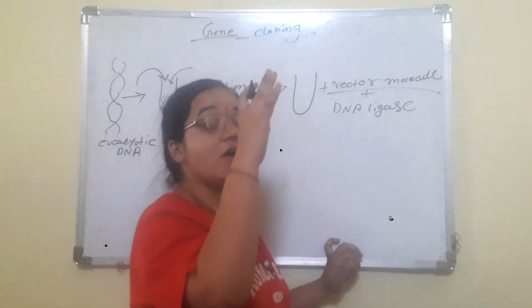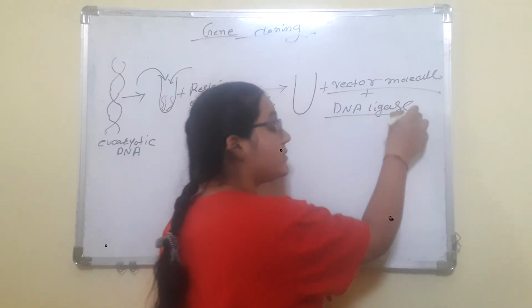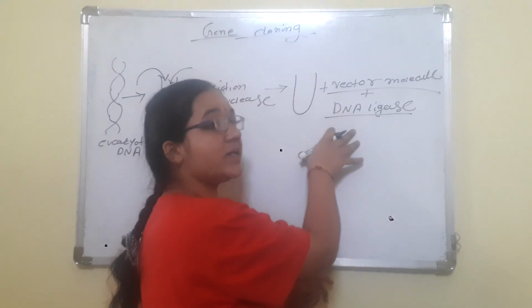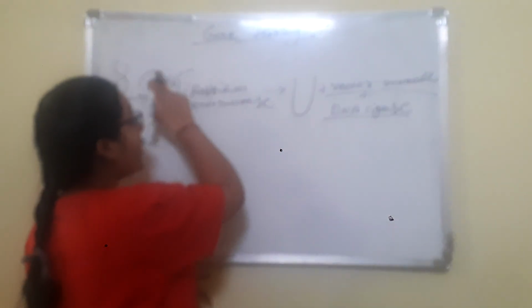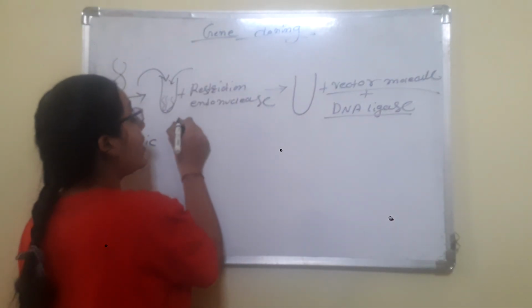Okay, and DNA ligase is responsible for joining the specific targeted sequence into the vector molecule, because in the first experimental tube we also treated our vector molecule with the restriction enzyme, so it provides a specific cut.